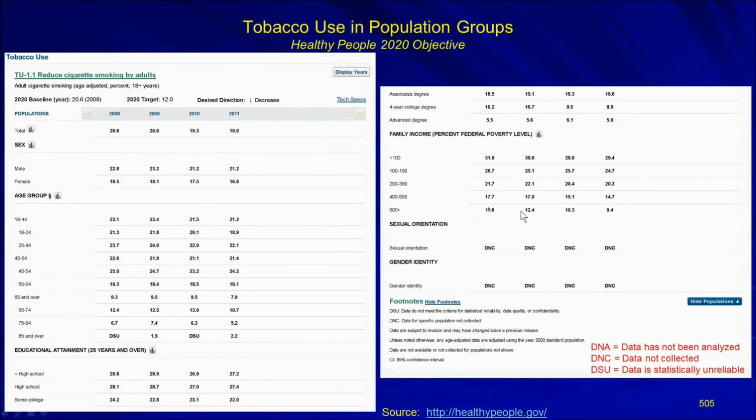So we have pretty good confidence that this data is important. The number that we're going to be using for our problem is the total population percentage of smokers, which is 19%.